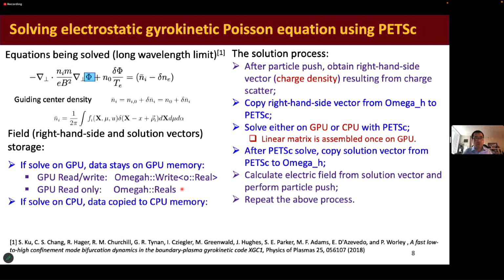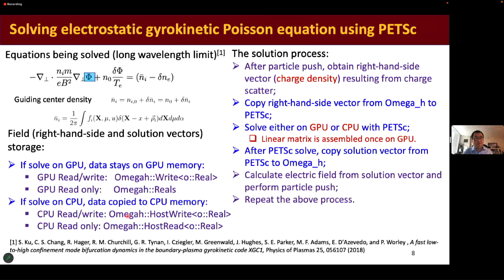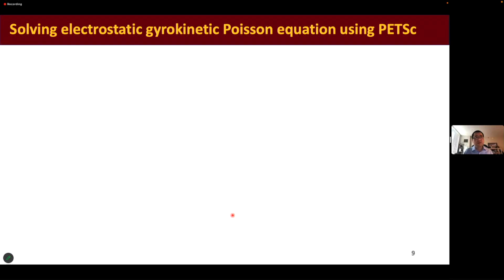If you solve on CPU, the data is copied to CPU memory from PETSc, and then you have different Omega_h data types, for example Omega_h host read or host write, depending on whether you are reading, writing, or only reading. So you have different data types, just in case you change the data unwantedly. That's overall how we do the solution process and interface with PETSc.